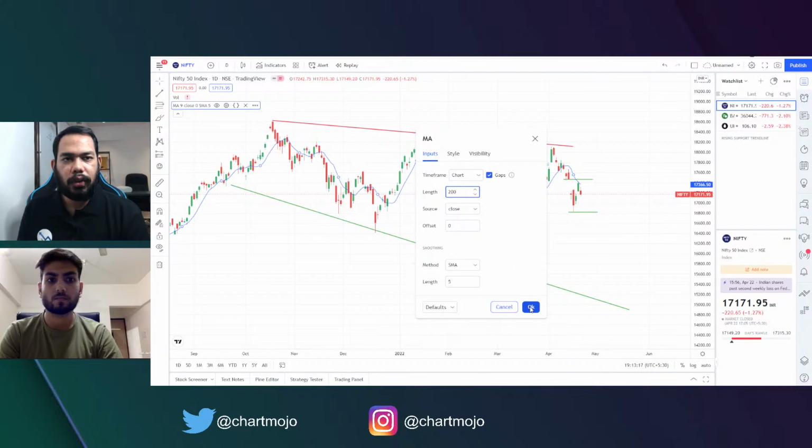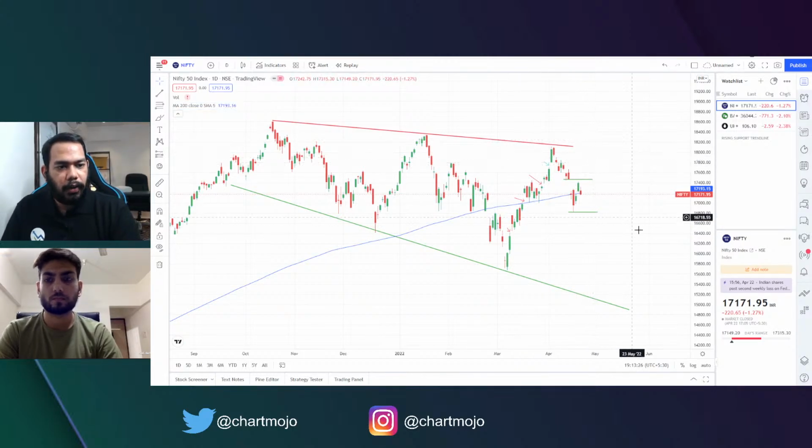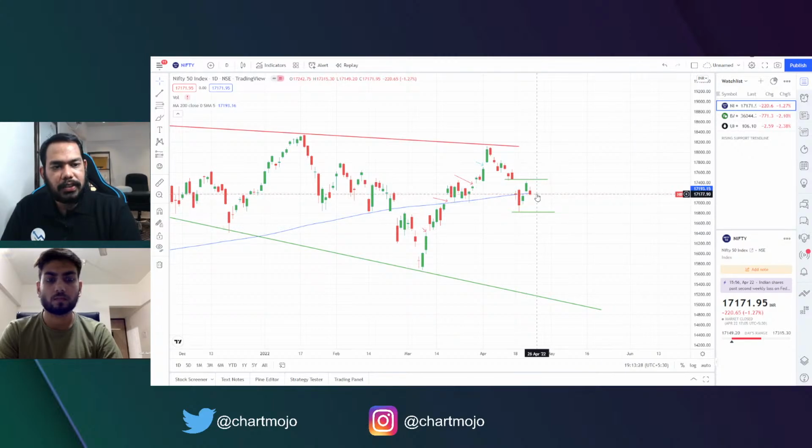Because it's a very good criterion to filter whether the market is going in a bullish trend or a bearish trend. So right now we can see the market on Friday's session closed near the 200 DMA. Okay, so your 200-day moving average comes around 17193. It has closed just a little bit down.